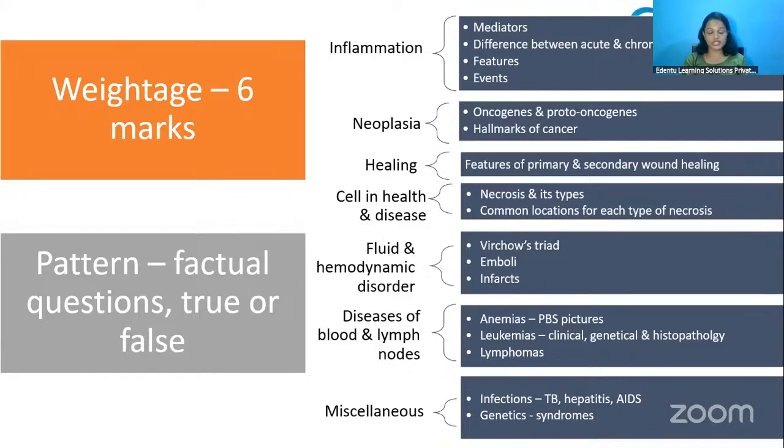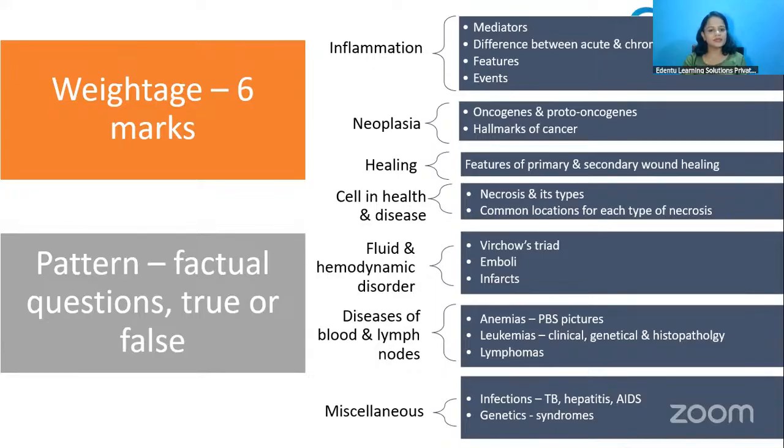The proto-oncogenes and oncogenes and all, you must really know the basics about this genetics in carcinogenesis. That's very important, because there were 3 to 4 questions completely from this pathogenesis, especially this genetic mechanism involved in carcinogenesis. That can get a little bit tricky. And also about the hallmarks of cancer, there were questions.